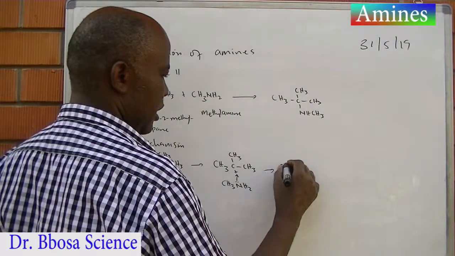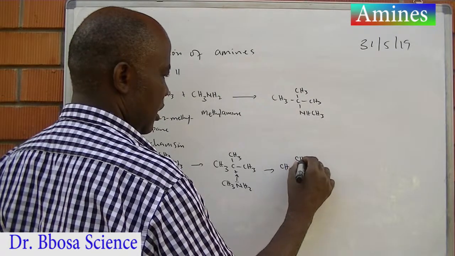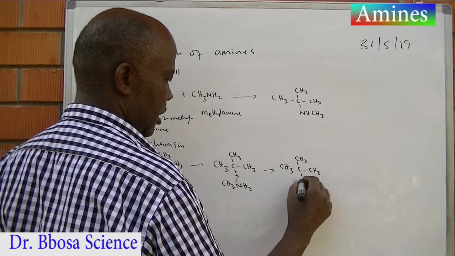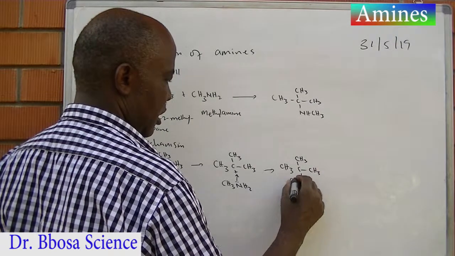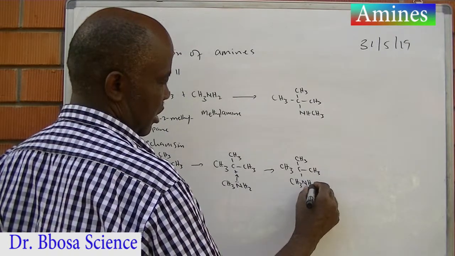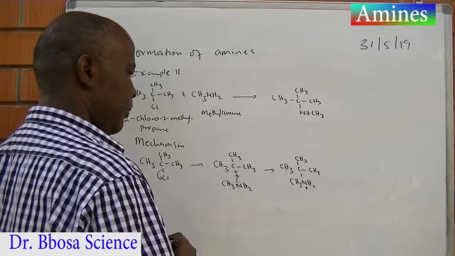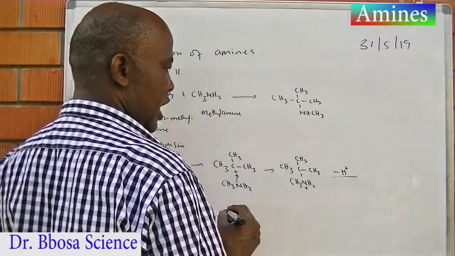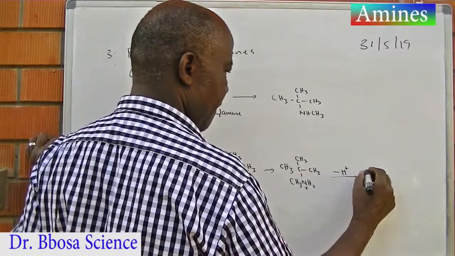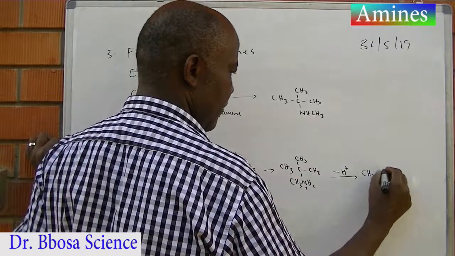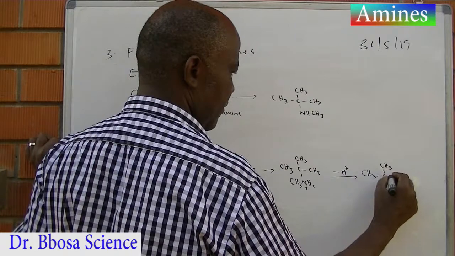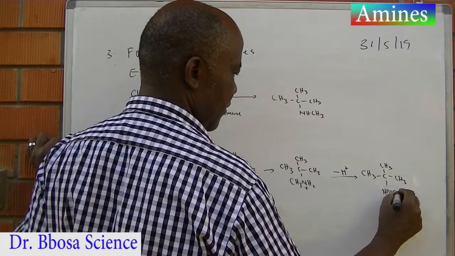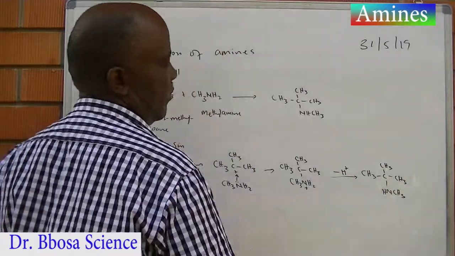Then we get, with a positive there, then loss of a proton produces an amine. Get that one.